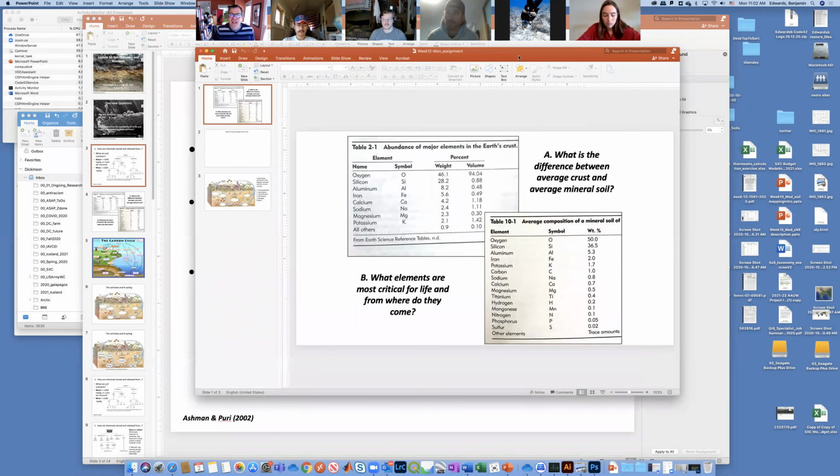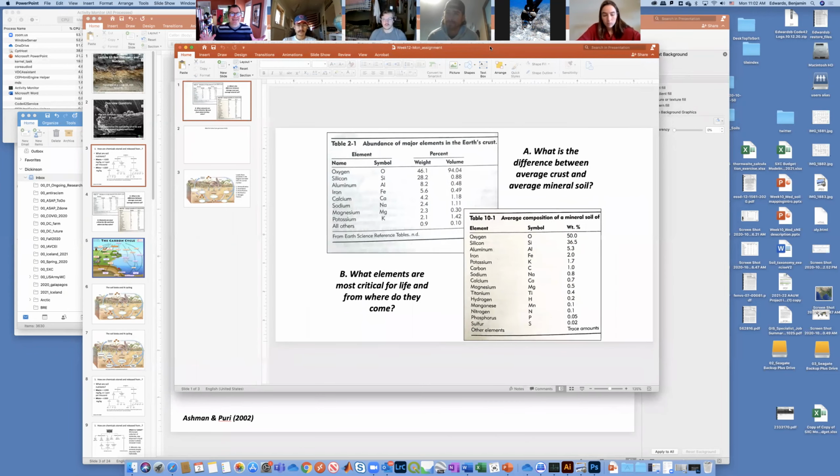When we think about how plants get nutrients, it's important to think a little bit about where nutrients are stored on Earth. And so there are 2 tables here. The first table we've seen a long time ago. This is the average abundance of what we call major elements in Earth's crust, right? The crust is where we live when we think of the different layers of the Earth, the outermost part of the Earth.